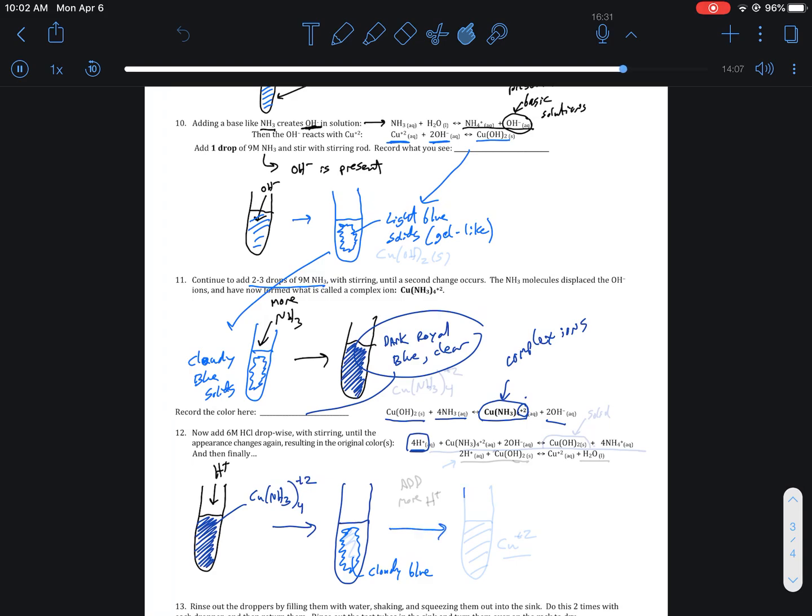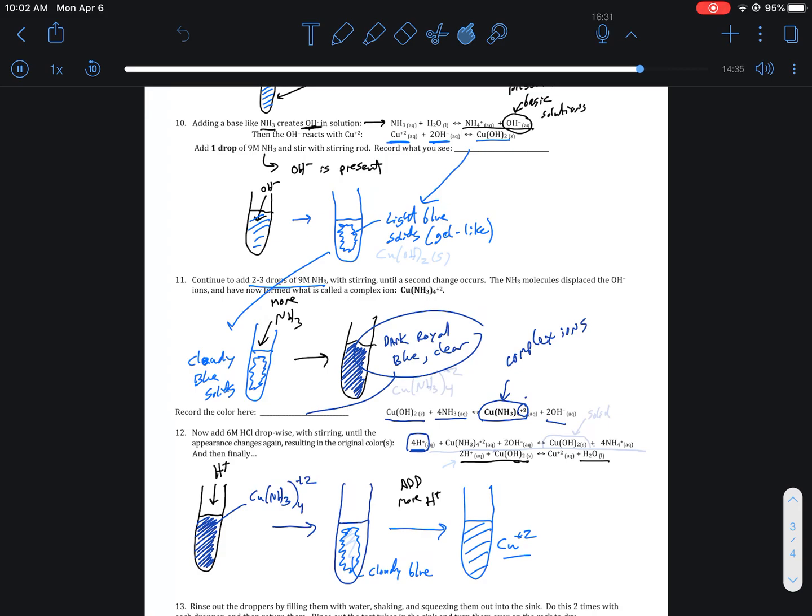If we continue to add more H+, more acid, then the acid chews up the hydroxides and reacts with them and forms water. And that completely frees up the copper ion, which means it's an ion, and there is no more solids left, and we're back where we started.